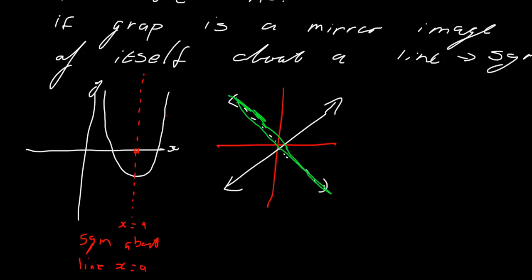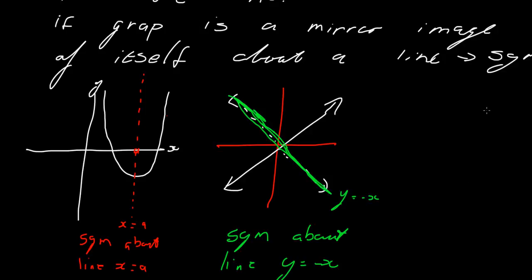So we've got a line here, and this would be the line y equals negative x. Okay, if we fold this graph over around that line, do you see that it would fold over onto itself? Therefore, it's symmetrical about the line y equals negative x.